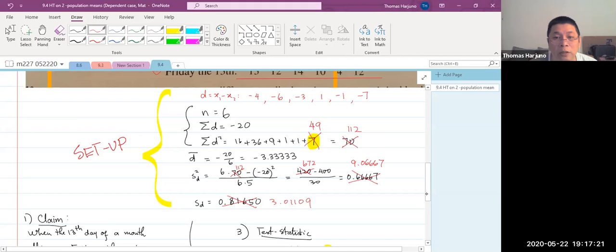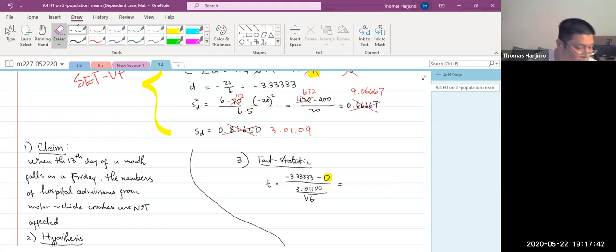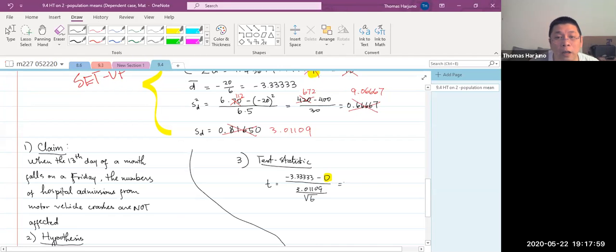I guess that's the answer. So I need to change this here to 3.01109. And then negative 3.3333 divided by that answer, multiplied by square root of 6. I get negative 2.71163.